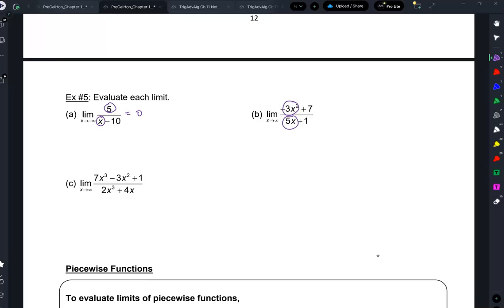Who says 0? Who says negative infinity? Who says positive infinity? Is it negative infinity? What does this reduce to? Negative x. And then when x approaches infinity, it will be negative infinity.